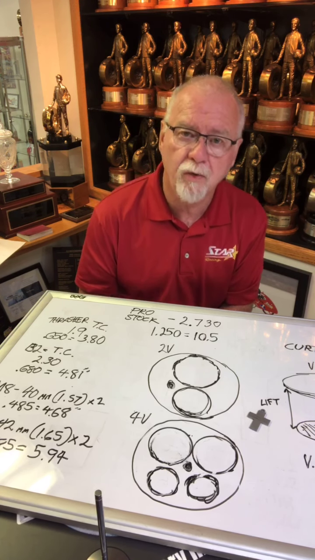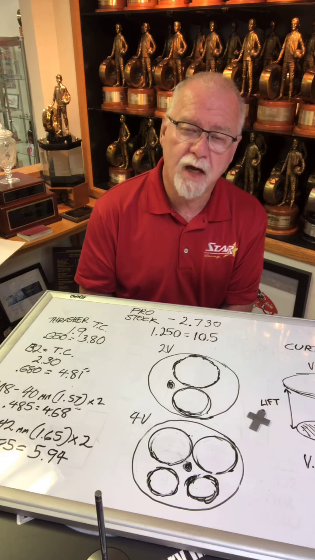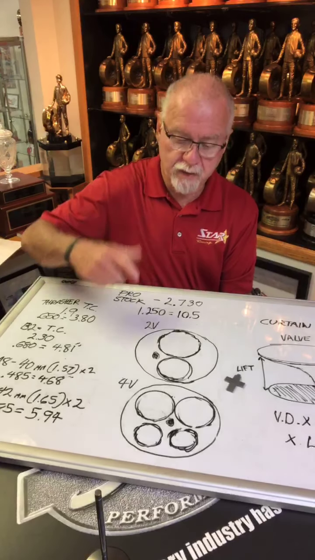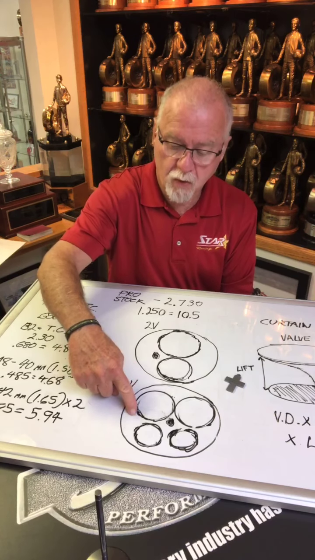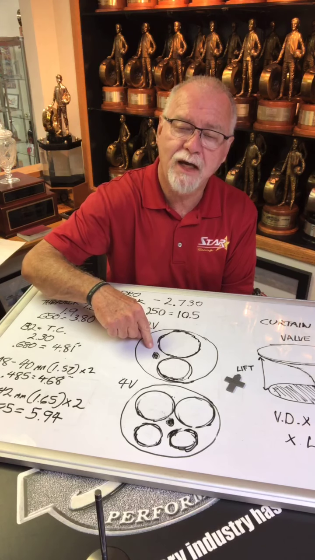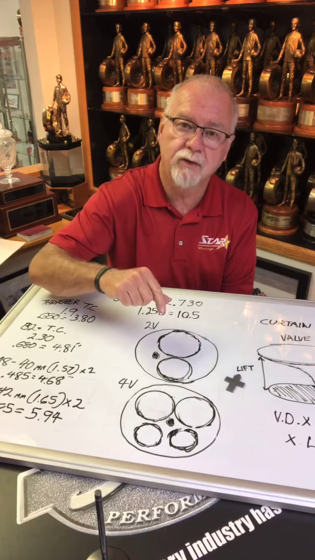It's the one that's sold the most. It's not the best one. Does it work good? Yeah. But do you have stock heads? Do you have ported heads? Just know, this is proof right here that if your head flows more, you need a shorter duration cam. If your head flows less, you need a longer duration cam. And it's when the intake valve closes.